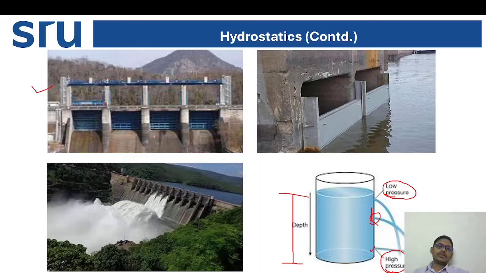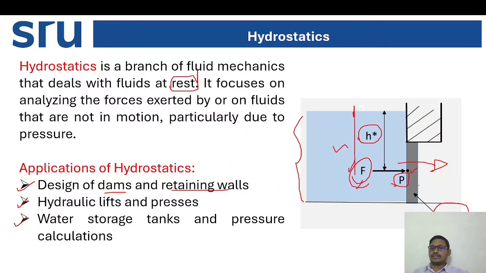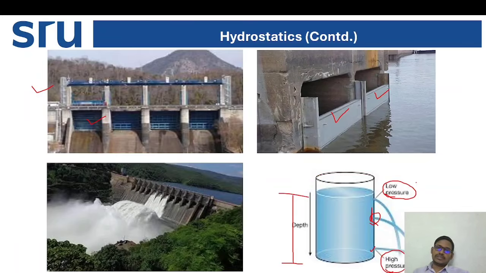Here we are storing the water. If maximum water floods occur, then we lift these gates. Like the previous one, this is the water and this is the gate. In a similar way, this is the water and these are the gates. See, when you are releasing the water from a dam, this is a hydrostatics example.